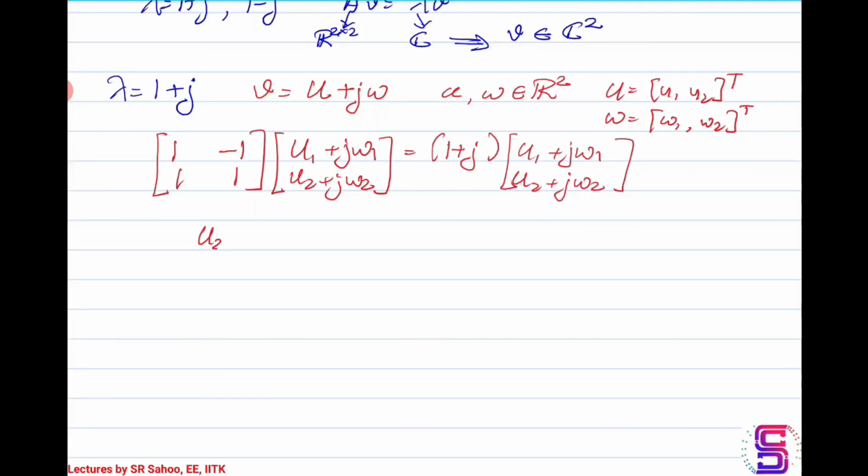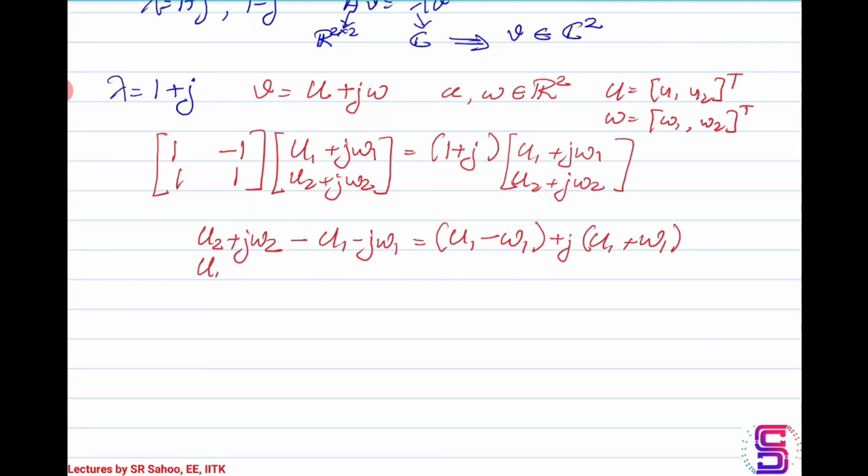Now, if we write out the equations, what we get is u2 plus jw2 minus u1 minus jw1 is going to be u1 minus w1 plus j times u1 plus w1, right? So 1 into u1 and j into jw1 is minus w1.